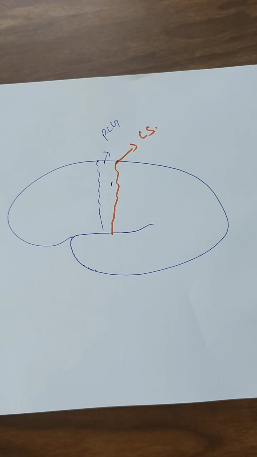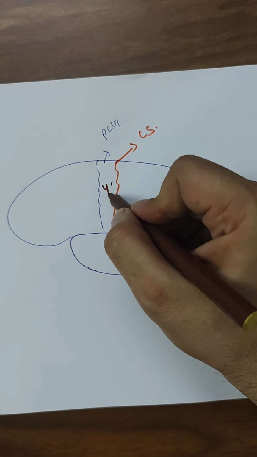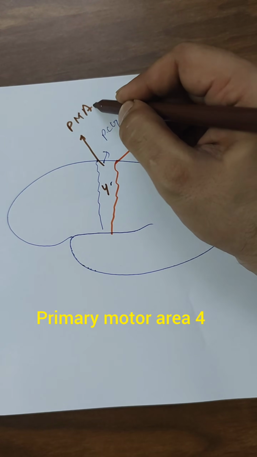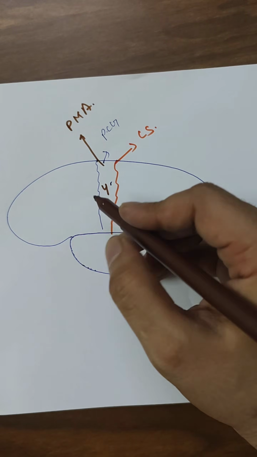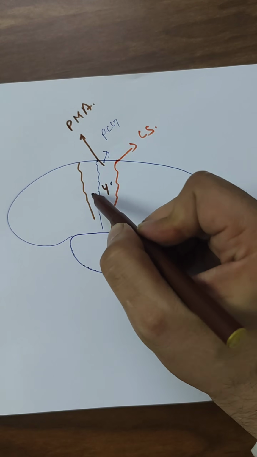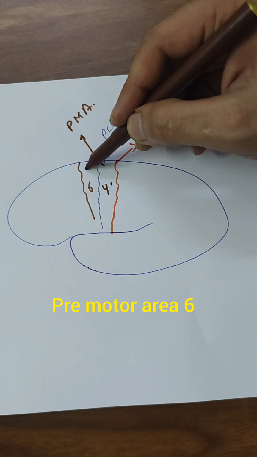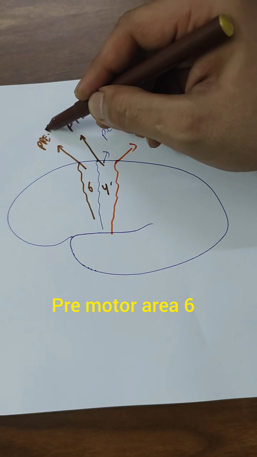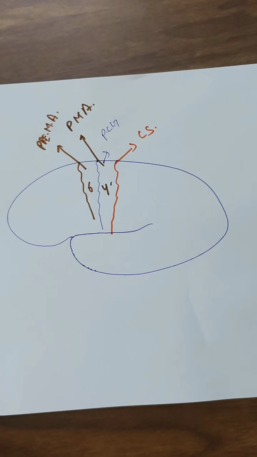Here we have area number 4, known as the primary motor area. Anterior to this primary motor area, here we have area number 6. This is the premotor area.